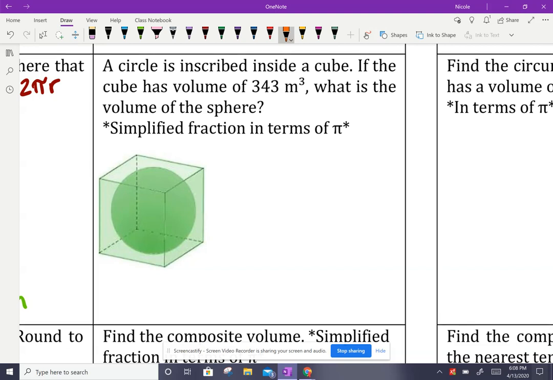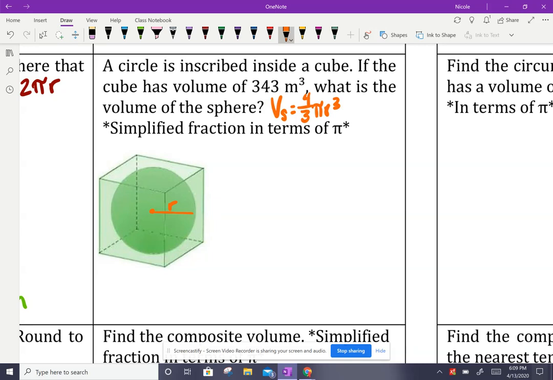Well, how is the volume of the cube going to help me find the volume of the sphere? I have to take into account what information we need for the volume of a sphere. The volume of a sphere, remember, is 4/3 pi r cubed. So I need the radius. I need to figure out from the center of my cube to the wall what the radius is.